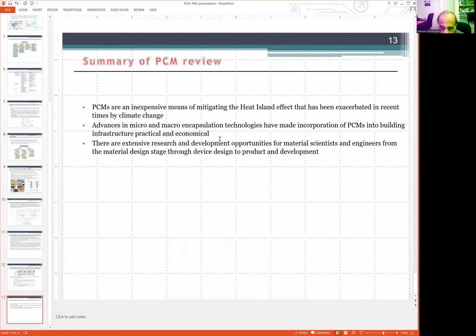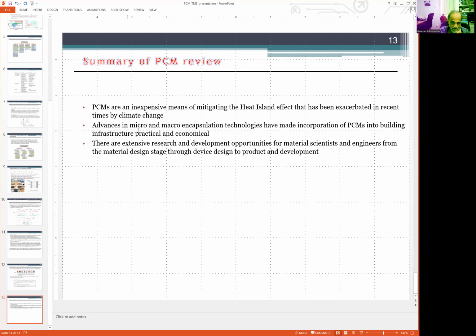So this review has discussed, and the conclusions are basically that PCMs are an inexpensive means of mitigating the heat island effect that has been exacerbated in recent times due to climate change.